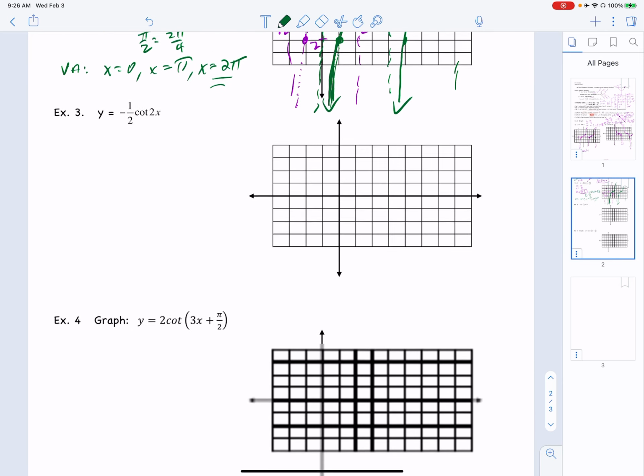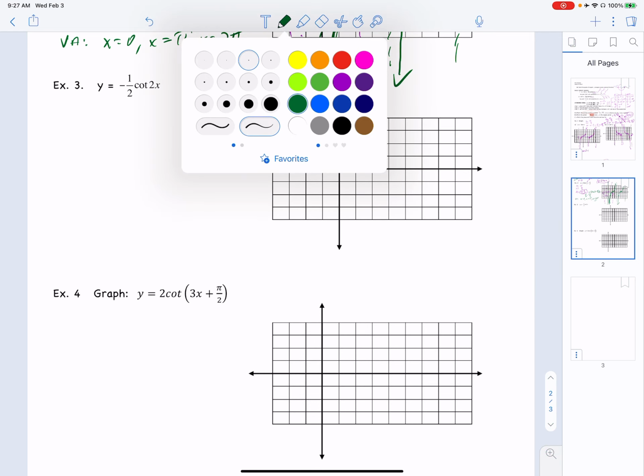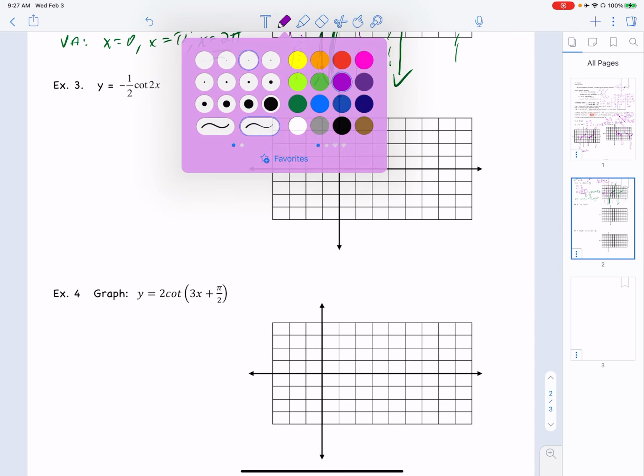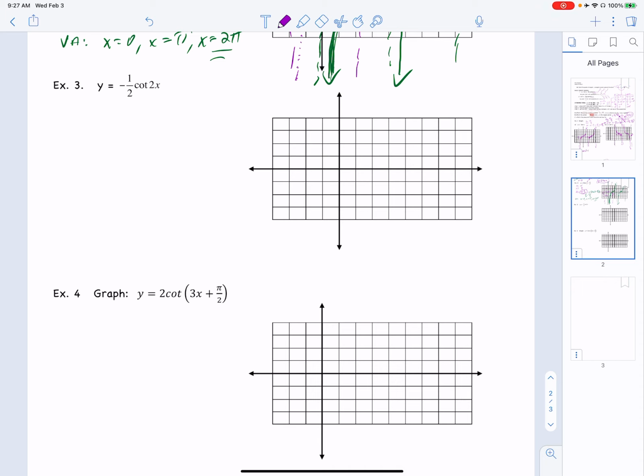cotangent with a period change and a reflection in the x-axis, which means normally cotangent goes like this, but that's not going to be the case because when it reflects, it's going to go like this, and therefore it's going to look a little more like tangent, but it is a cotangent graph.